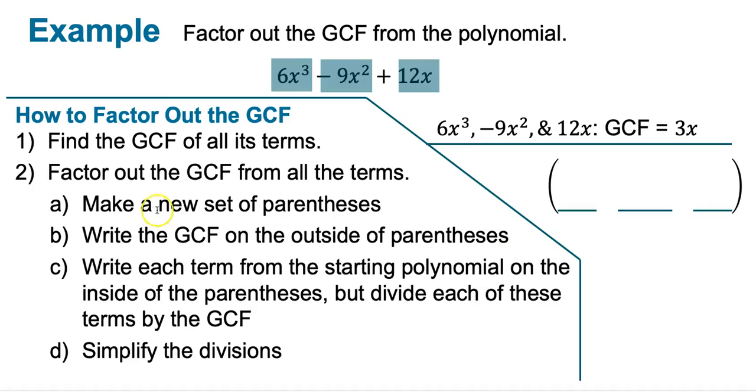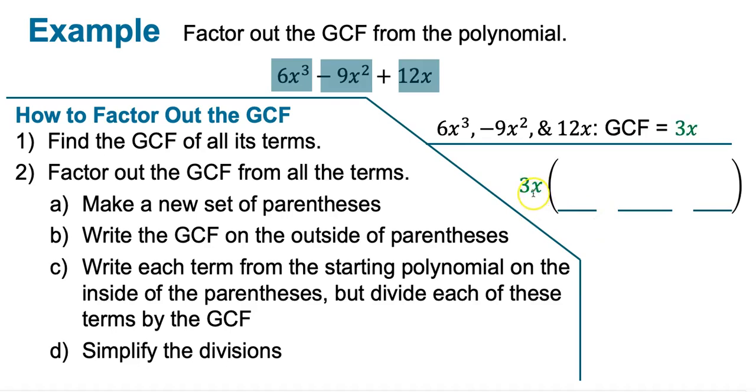The first step is to make a new set of parentheses. I went ahead and drew a line representing each of my three terms from the original polynomial. However many terms you started with is however many terms you're going to have on the inside of your parentheses. So I like to go ahead and draw those lines to represent the spots I need to fill in. The next step is to write the GCF on the outside of the parentheses.